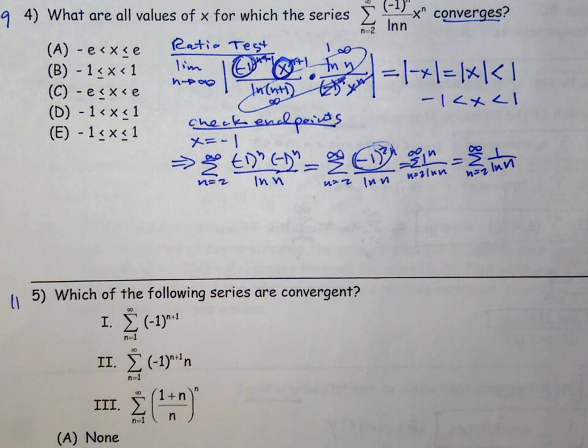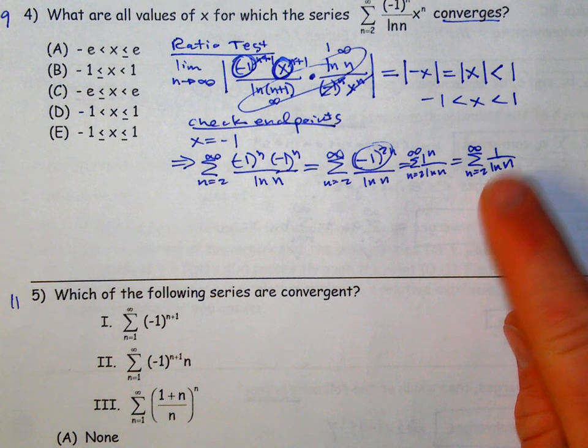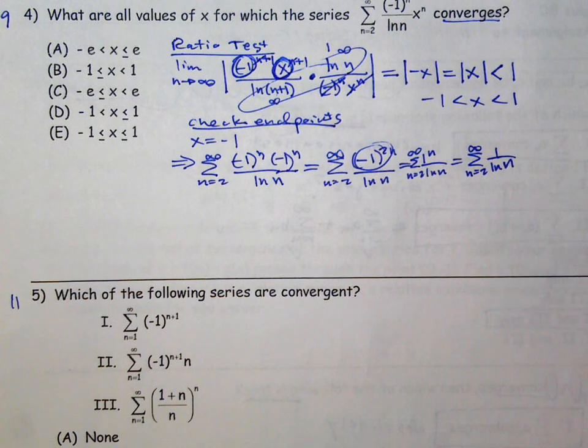Now, what you want to do is figure out what's a series that we know is term for term smaller than or bigger than ours. If we can get this one smaller than another series that converges, then ours converges. If we can show this one's bigger than another series that diverges, then it diverges.